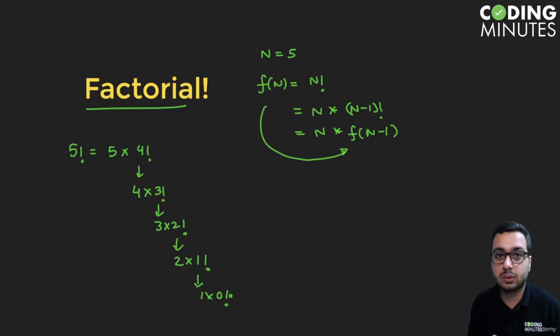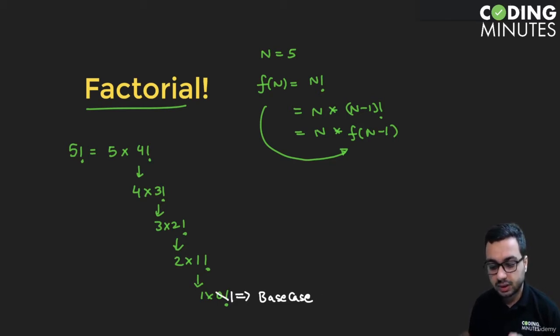Such a point is known as the base case. That means we cannot reduce our problem further, and the base case is the case where we know the answer of the subproblem. So 0 factorial is nothing but 1.